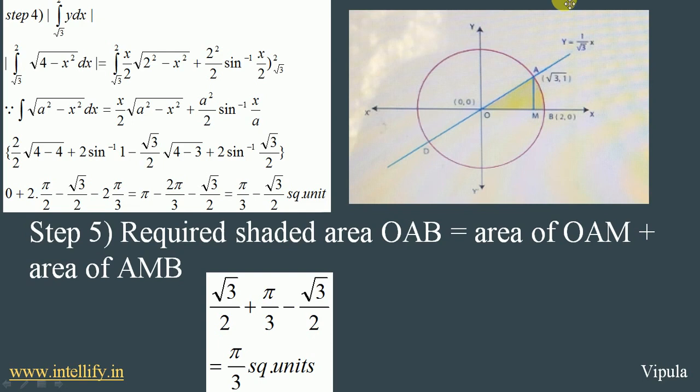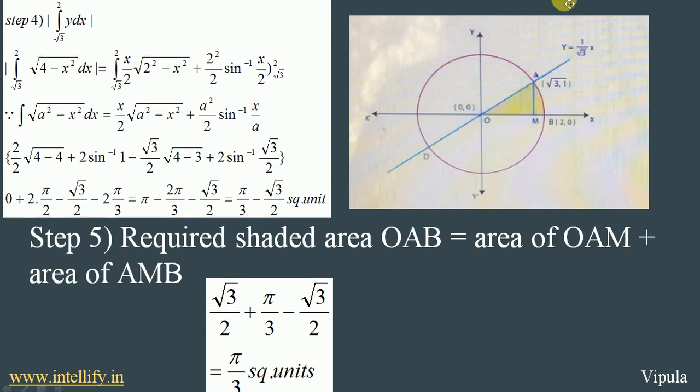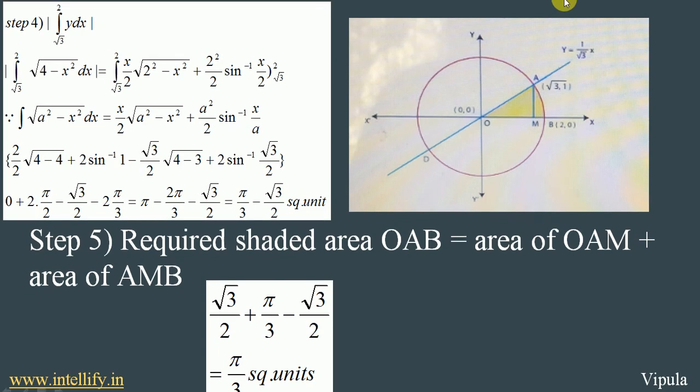Step 4. Now integrate from root 3 to 2 of y dx. So this is OAM, this is AM, this is the shaded region, this is the line equation y equals x by root 3, this is B and this is radius 2.